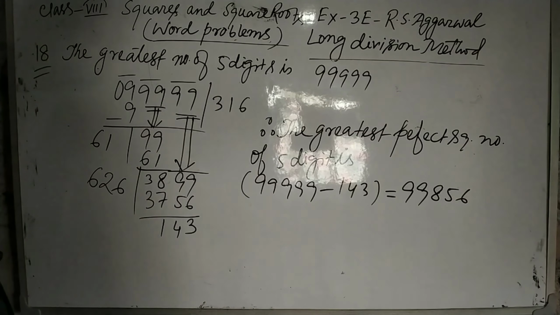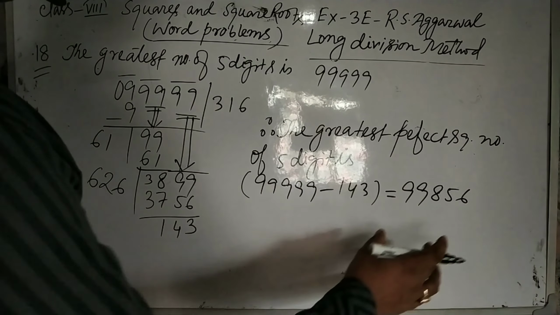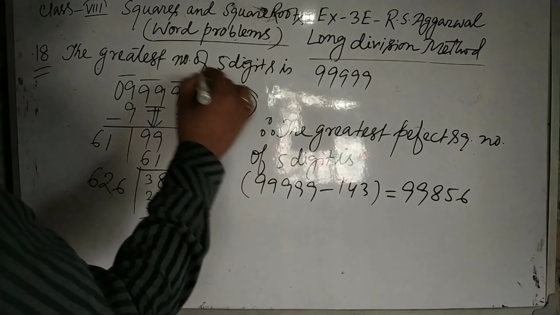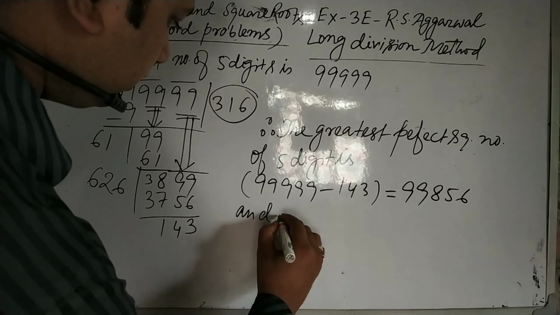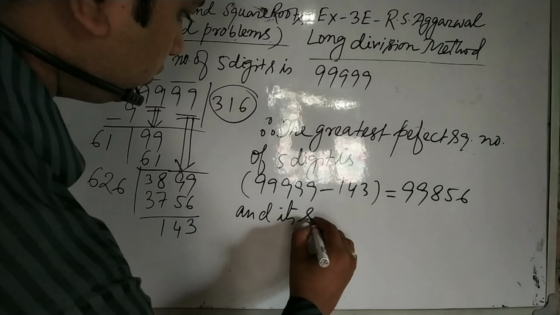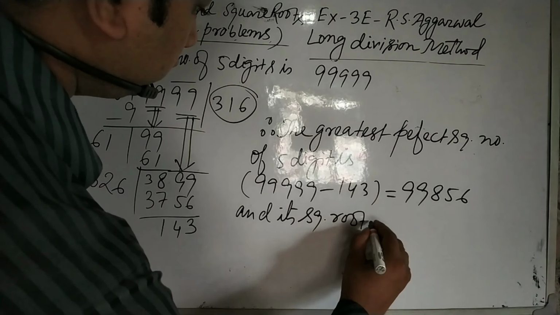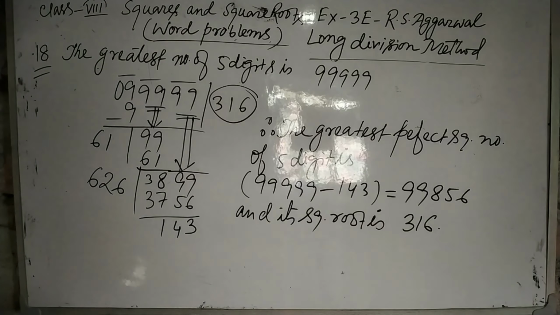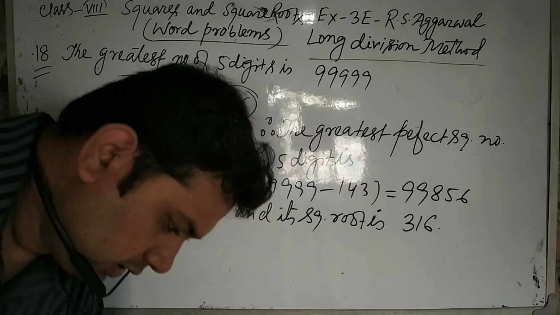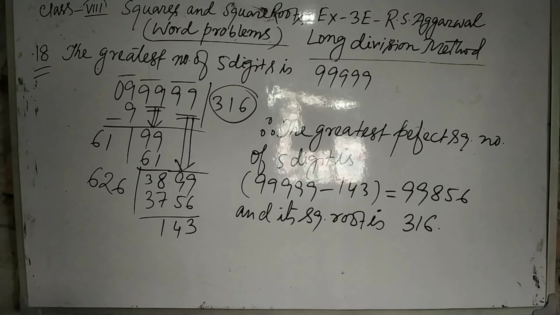And obviously its square root will be 316. So that's all from exercise 3E of the Square and Square Root chapter, class 8, from the R.S. Agarwal book.